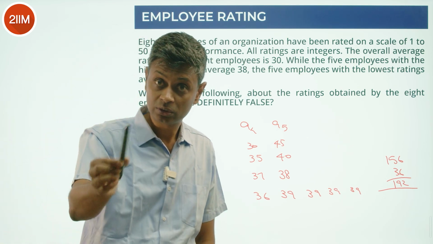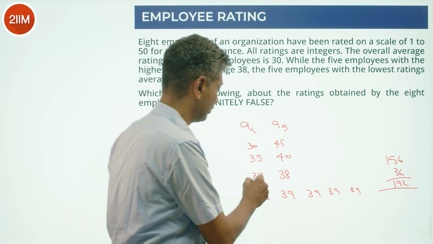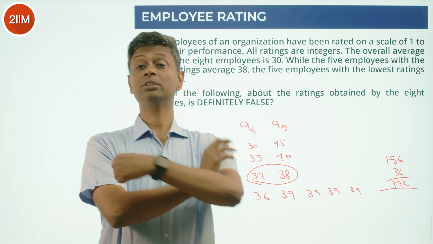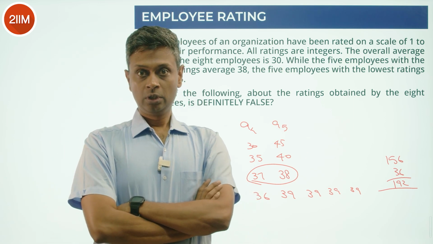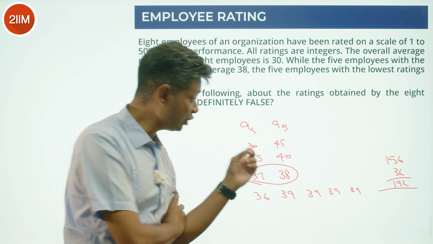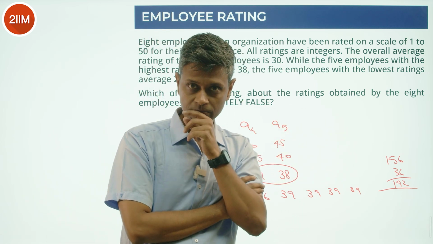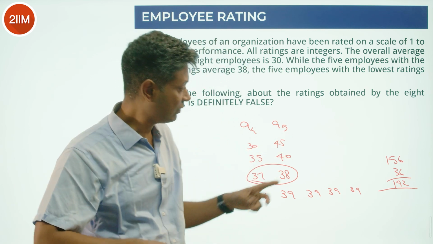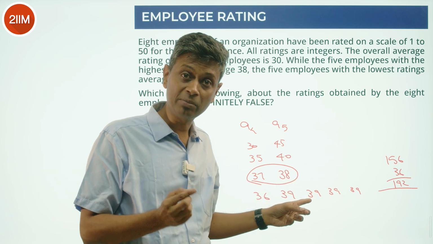Only possible values for A4 and A5 are 37 and 38, because the average of the 5 largest numbers is 38, and we have to have at least 190 here. Each of these is 38 or more, and this fellow is also 37, just one below 38. So if I have 39, I can have maximum 39.